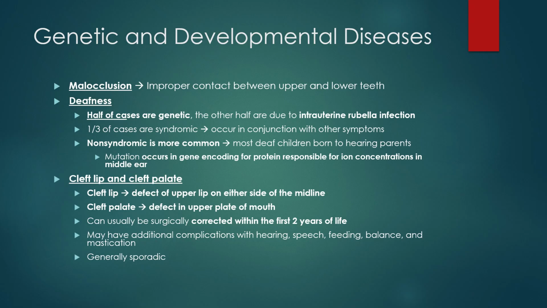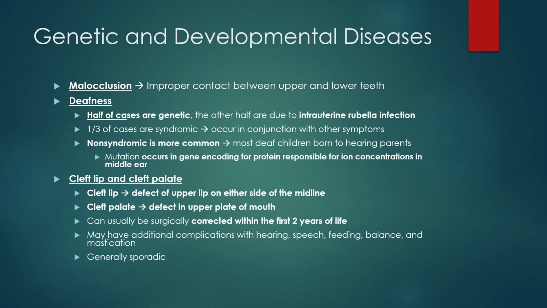Then we have deafness. So deafness is one of the most common developmental disorders involving the ear. About half of all cases are genetic, while the other half are due to intrauterine infections, most notably rubella. That distinction is important because the underlying pathology is very different. We have syndromic versus non-syndromic deafness.